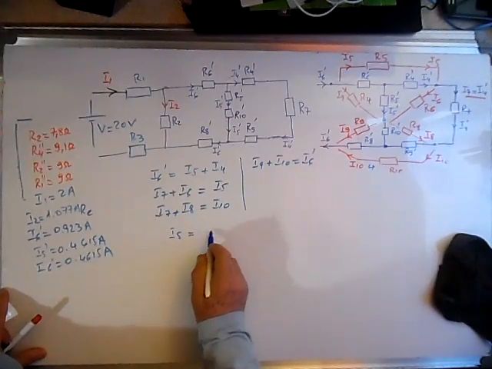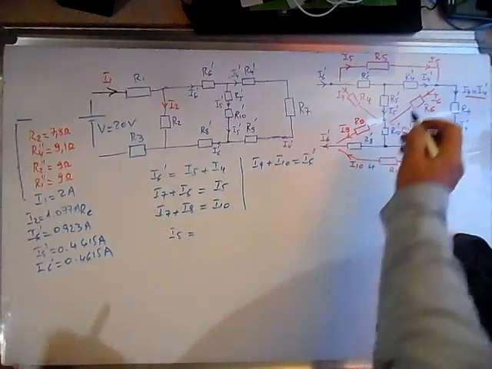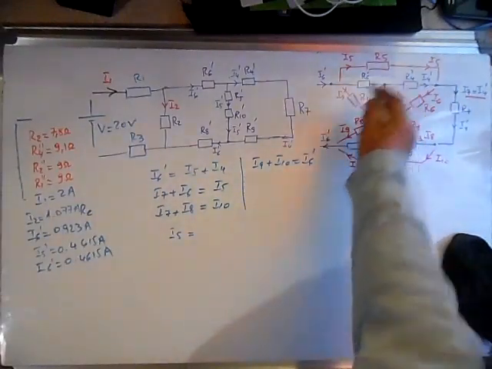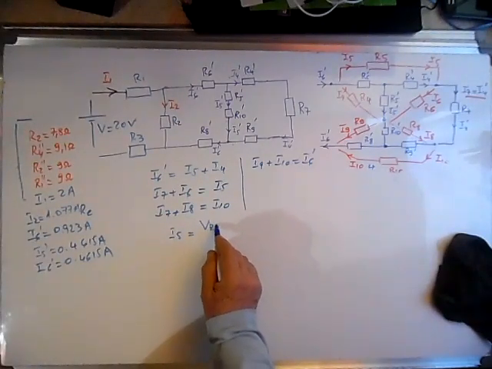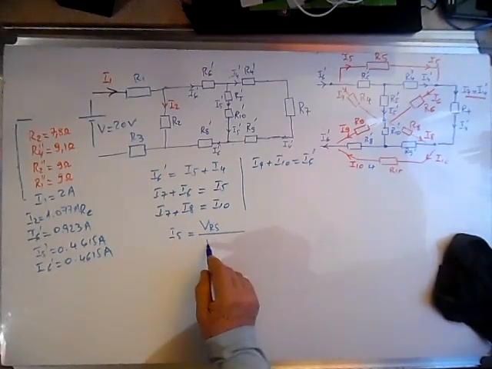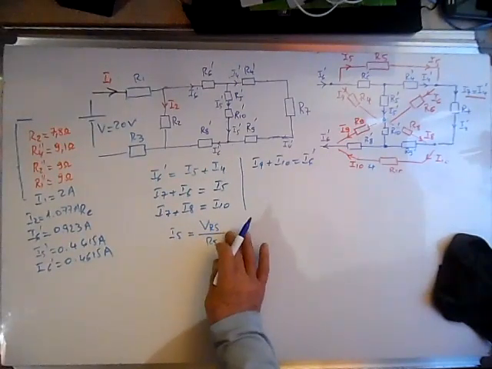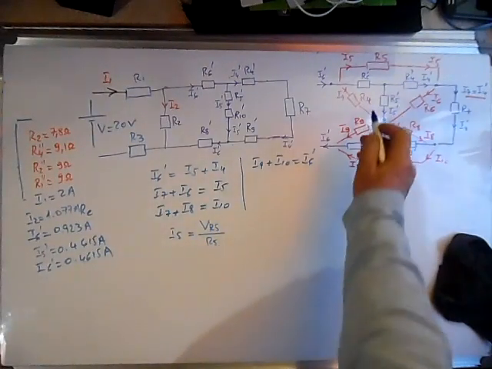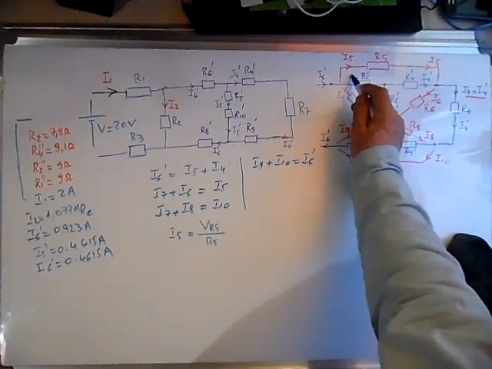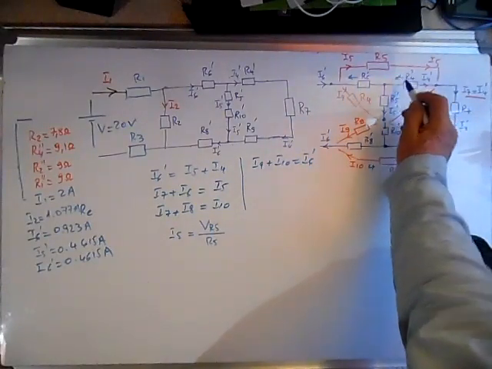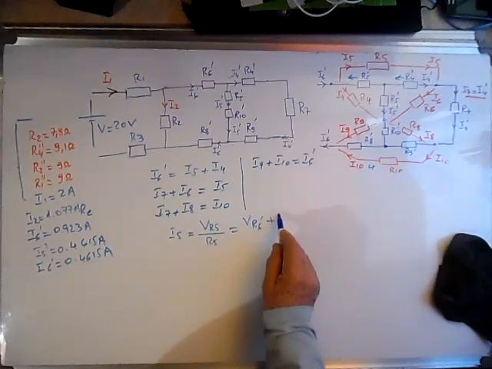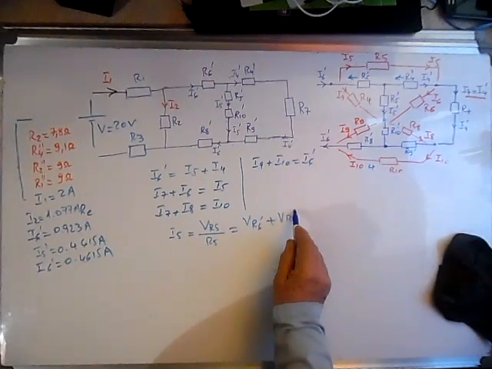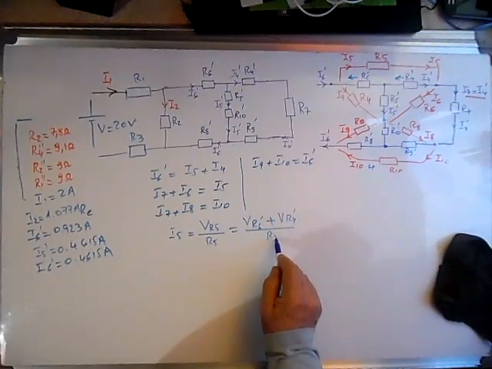I5 we can calculate with the drop in this resistor, VR5 over R5 will give us the current I5. VR5 is the drop plus this drop. VR5 is VR6 prime plus VR4 prime over R5.